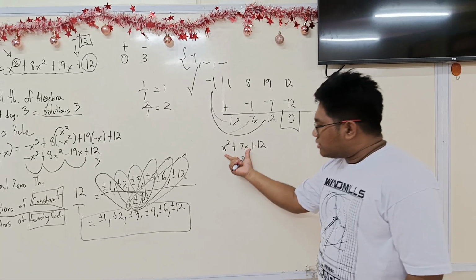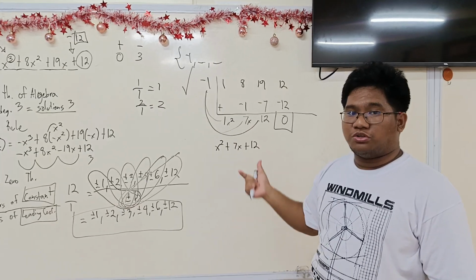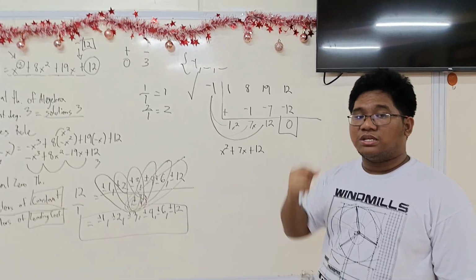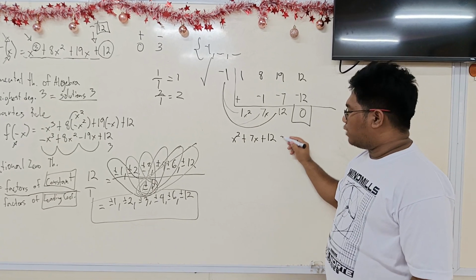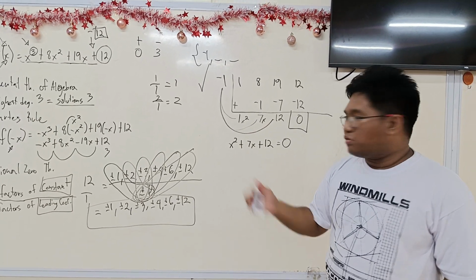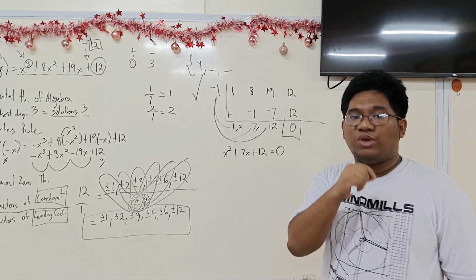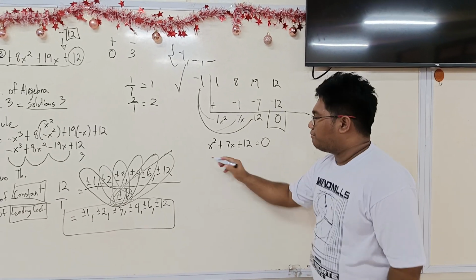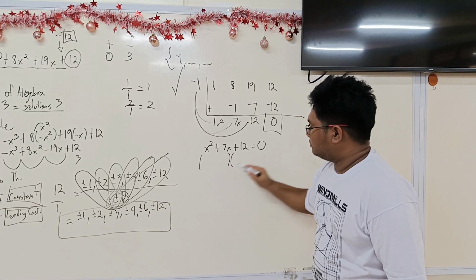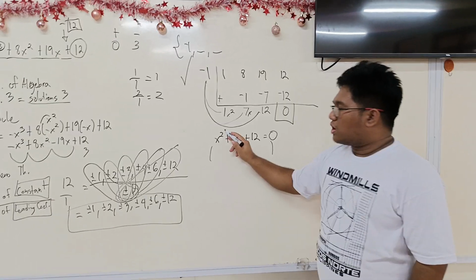Now, what kind of polynomial function is this? This is a quadratic equation. Now, whenever we have a quadratic equation, what we do to get the values of x is we factor. To factor things, we can do this. Okay? Now, look at x squared.